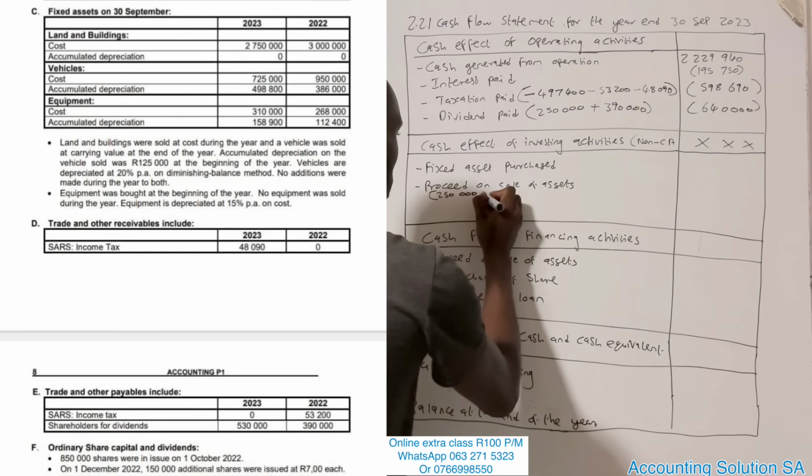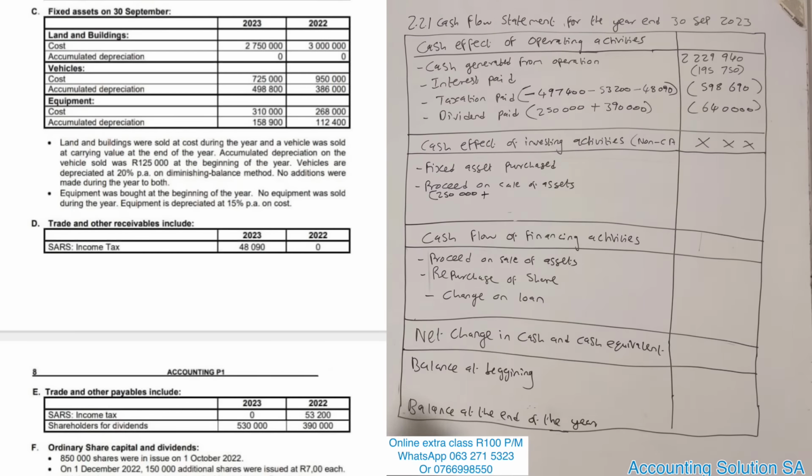Then plus, remember they also sold what? A vehicle. Okay. A vehicle that was sold at carrying value. How are we going to know the cost price? It's very simple, guys, because they didn't buy a vehicle, which means that we check the cost price under our fixed asset.